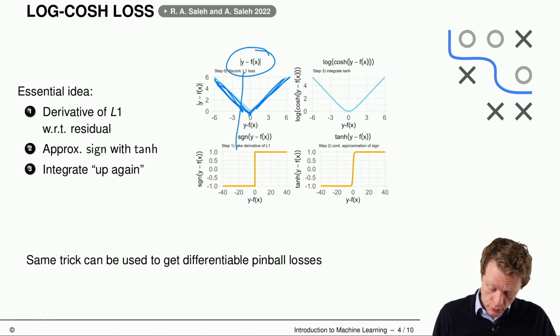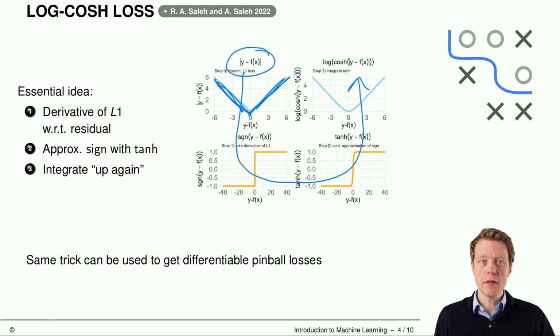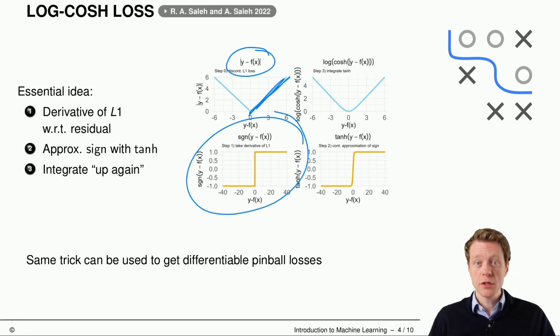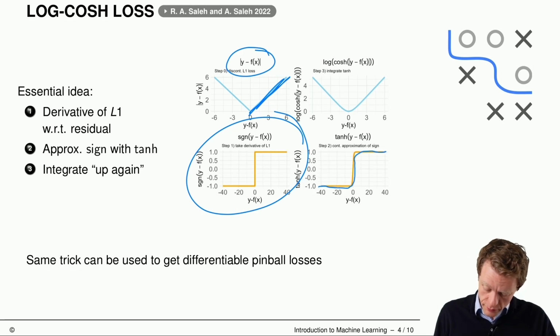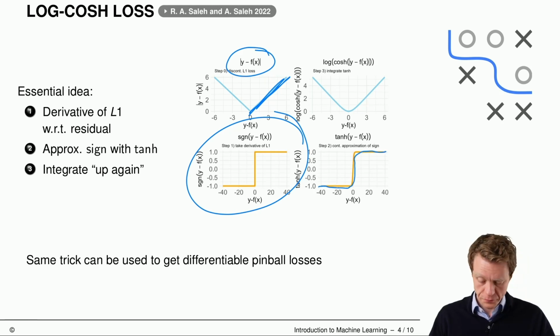So we go this way through these 4 plots. Next, we want to approximate this non-continuous function, and one thing that we could use is the tanh function, the hyperbolic tangent, which is the smooth approximation of the sign function.